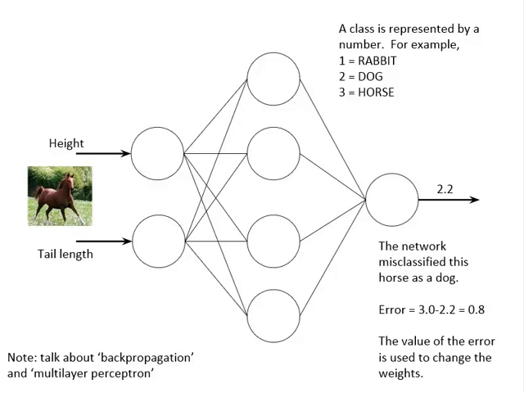The value of this error is then used to change the values of each of the weights on each of these links between the neurons. The next time this network sees this same horse, its classification will be closer to horse because we've changed the weights on each of these links.